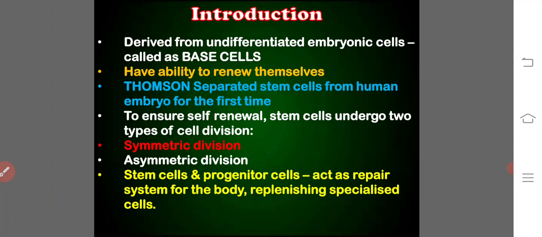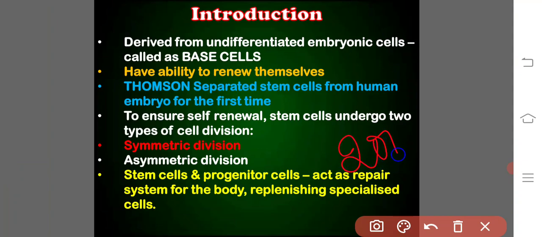Stem cells are the cells found in multicellular organisms. They are characterized by the ability to renew themselves through mitotic cell division and differentiate into a diverse range of specialized cells. The human body is made up of 200 different kinds of specialized cells.